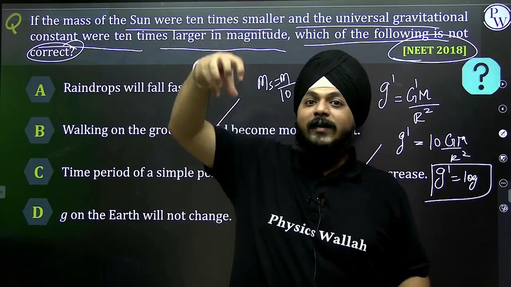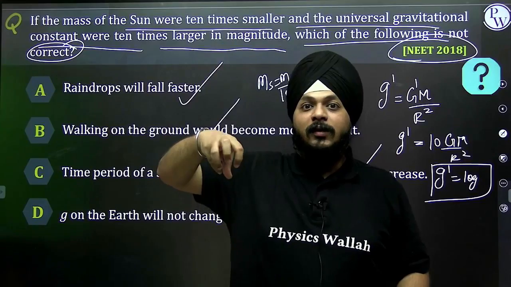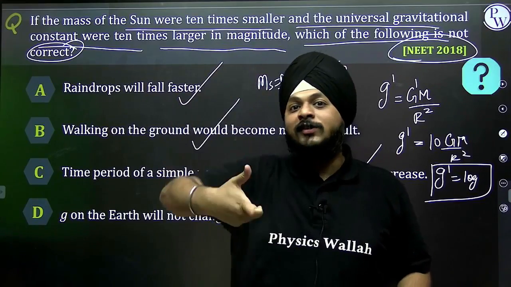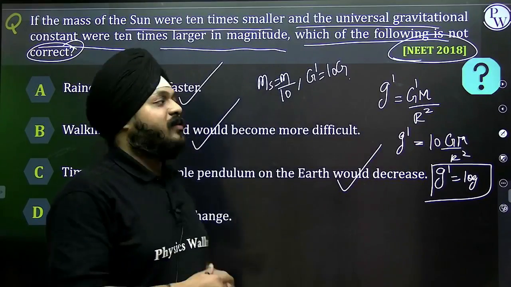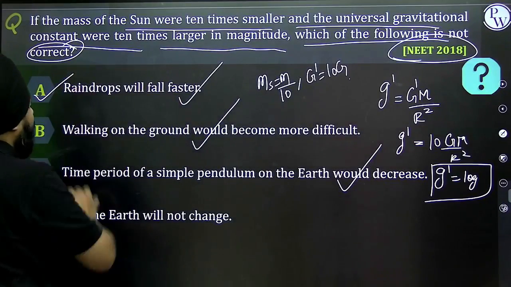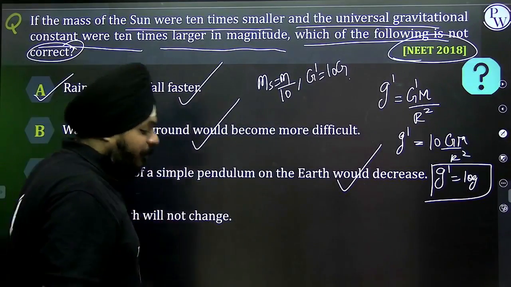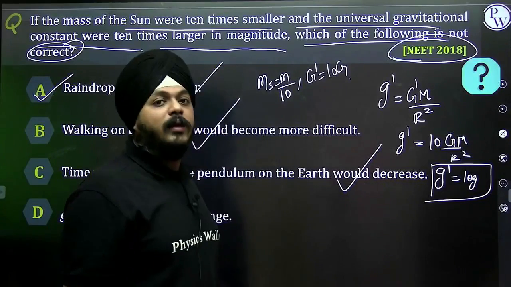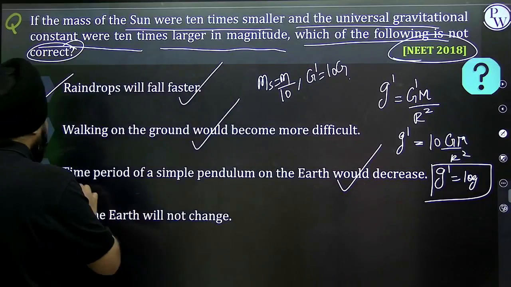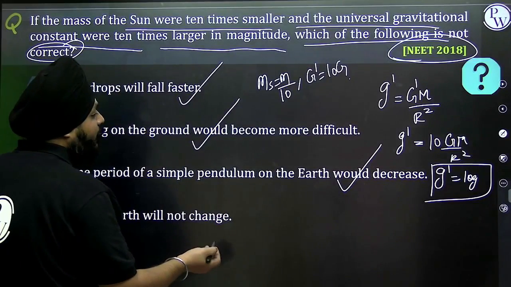Whatever drop is falling is a free fall, under constant acceleration, and that value is increased, so it will fall faster. Yes, obviously A is correct. Walking on the ground would be difficult. Yes, my weight is more, it is quite difficult to walk. Time period of a simple pendulum on the earth would decrease.